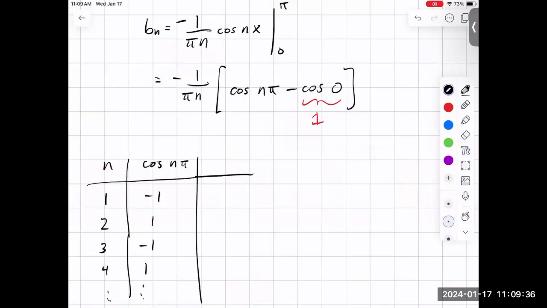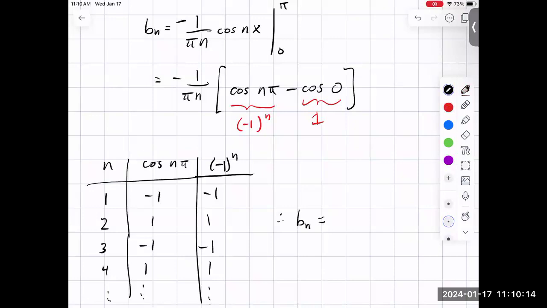And so let's think about minus 1 to the power n, where if n is 1, we'll get minus 1, and if n is 2, we'll get plus 1, minus 1, plus 1, and so on. And so what we could do is re-express this cos n pi as minus 1 to the power n. All right, and so let's see how these coefficients work.